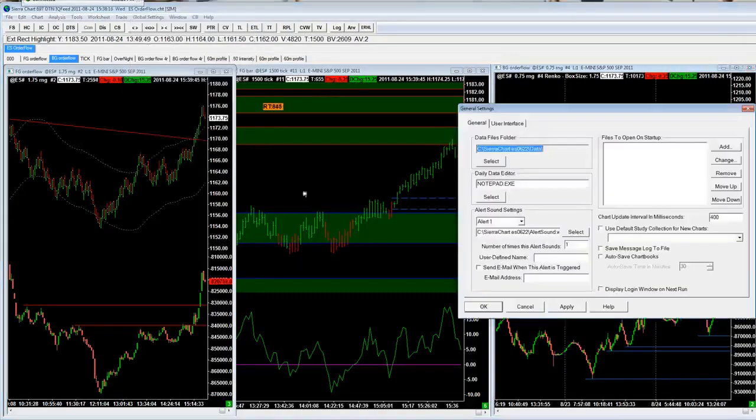Global settings, general settings, autosave chart books, autosave time in minutes. How often did you have that set to, Shiva? I'm thinking maybe once every 6 hours or something. Yeah, every 30 minutes.